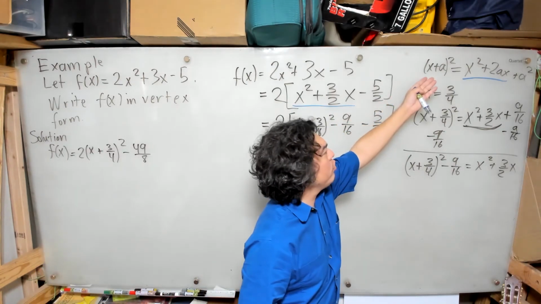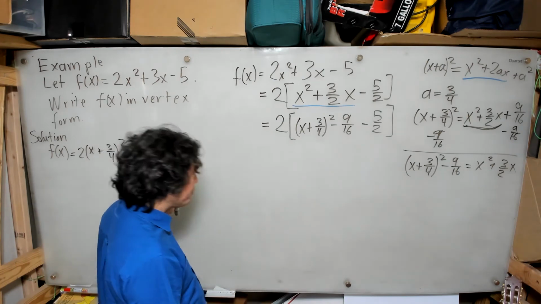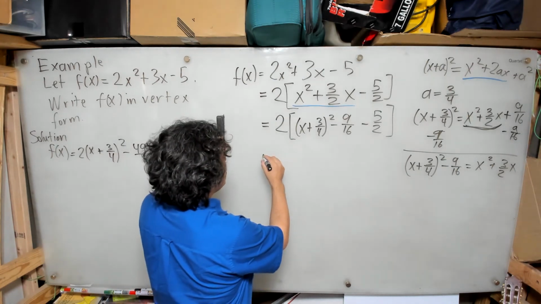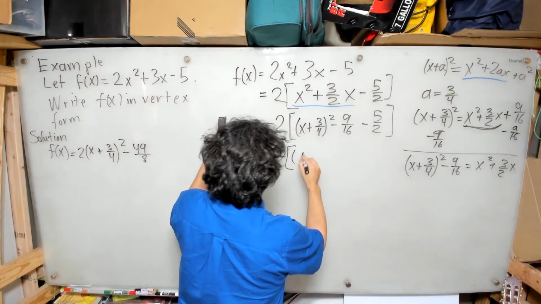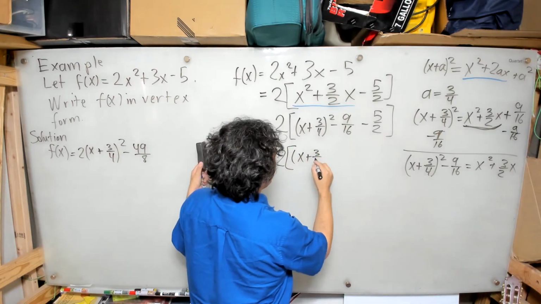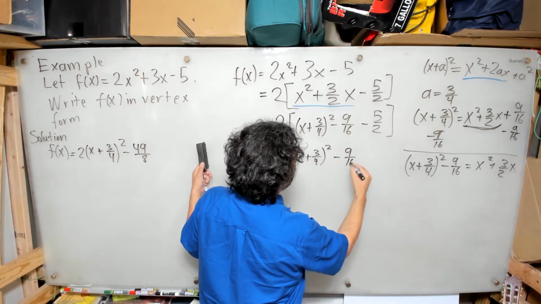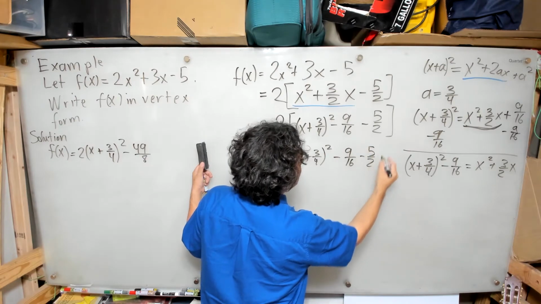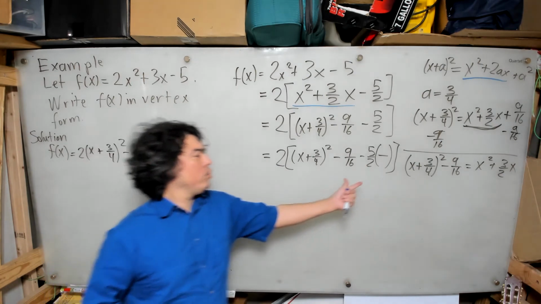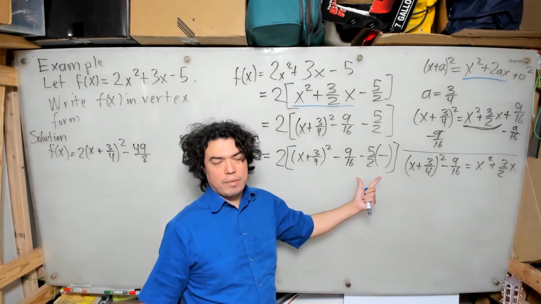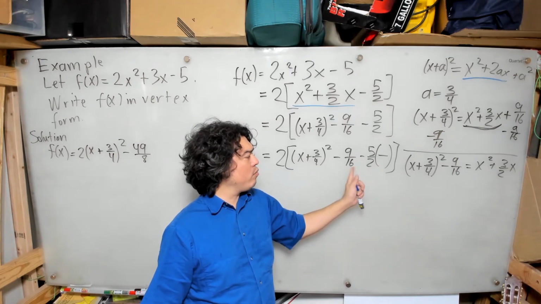So you don't even have to memorize that. But anyway, let's continue. So now this becomes 2 times x plus 3/4 squared minus 9/16 minus 5/2 times something, right? Why times something? Because in order to combine these two fractions, we're going to need to have them with the same denominator.